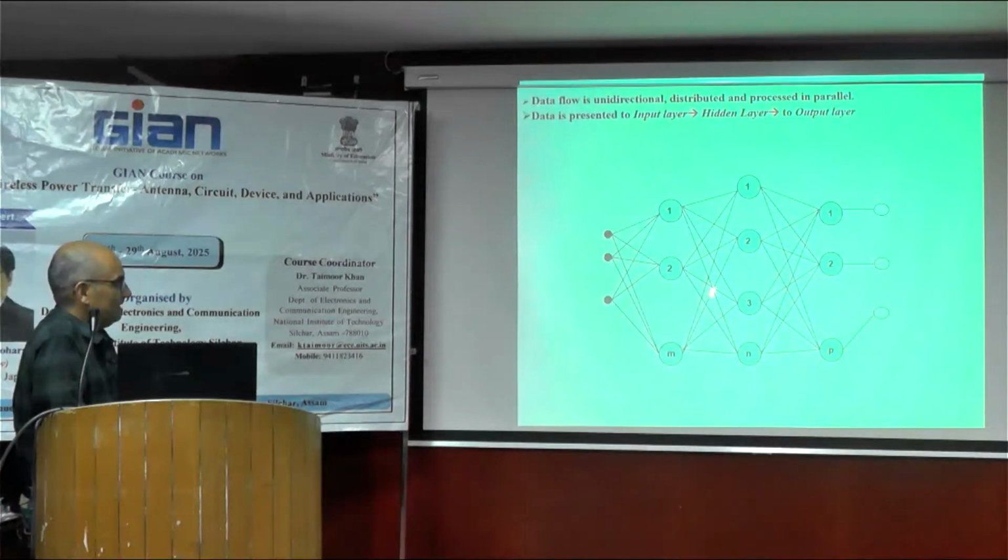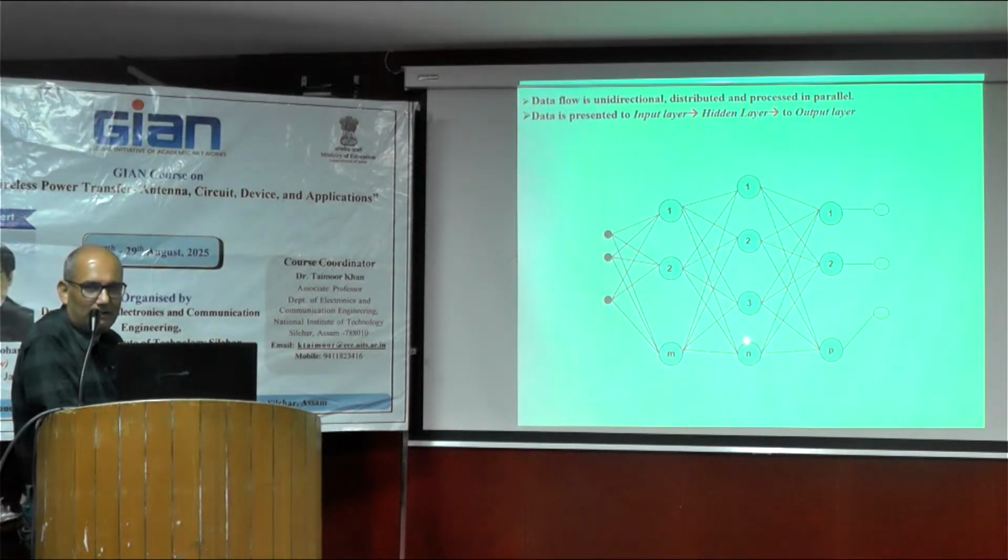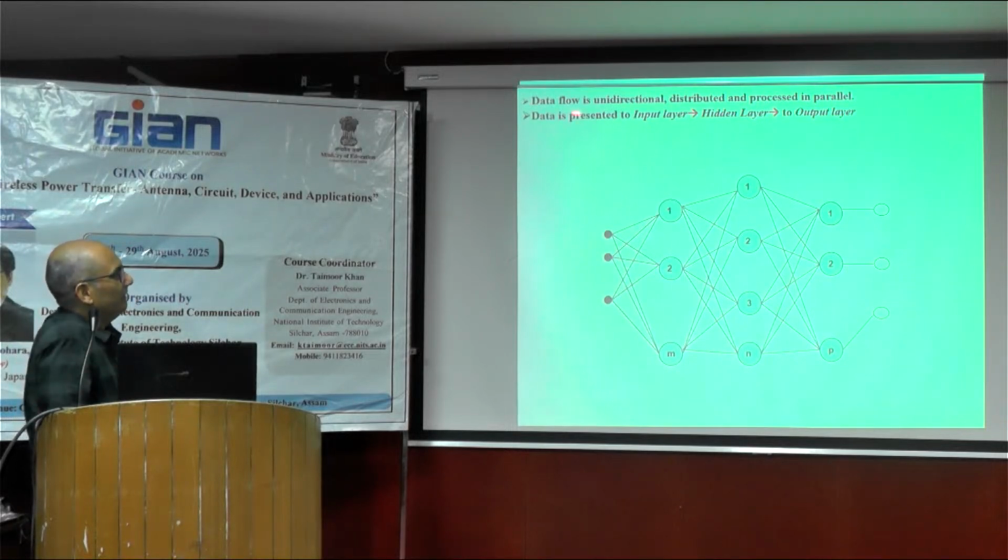Now let us take an example of an arbitrary m dimensional input, n dimensional hidden layer, and p neurons in the output layer. That is an arbitrary structure. It may be 2 cross 3 cross 5, something like that. Then the data flow is unidirectional, distributed and processed in parallel. Unidirectional means data will be processed from left to right.